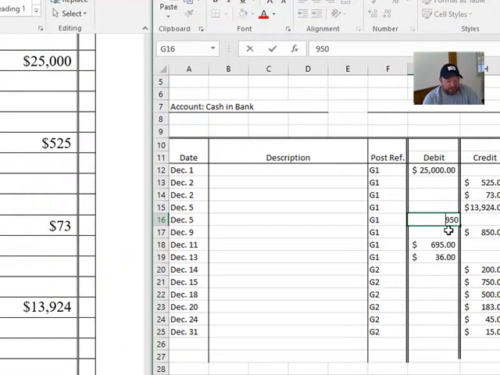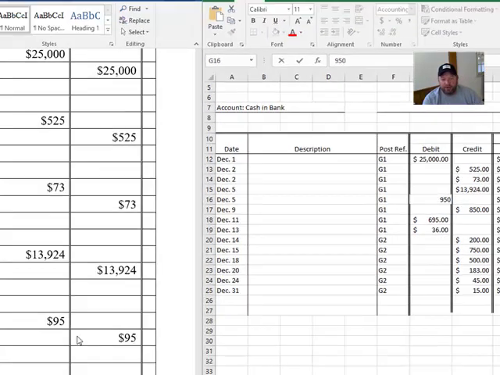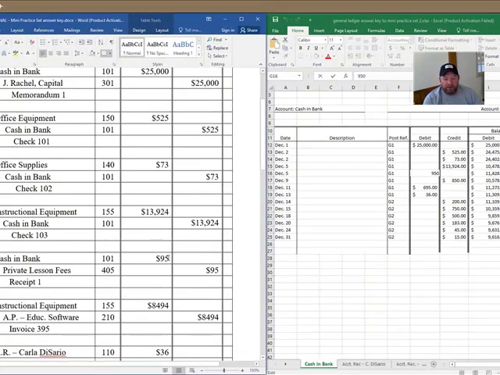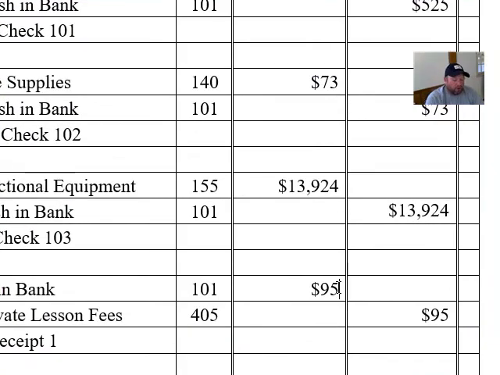I'm going to have made some mistakes here for sure. Or was that the correct amount? Did I make a mistake? Let me pause this here for a moment. Indeed, I did make a mistake, and you probably all caught that as well. This should be $950 in my general journal. I was right in my general ledger. So I'm just going to update that for you.